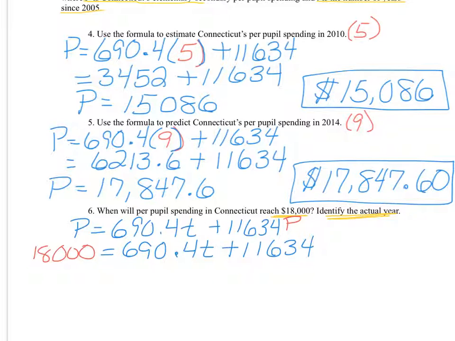If we were doing our flowchart method, we would have to do minus 11,634 first.